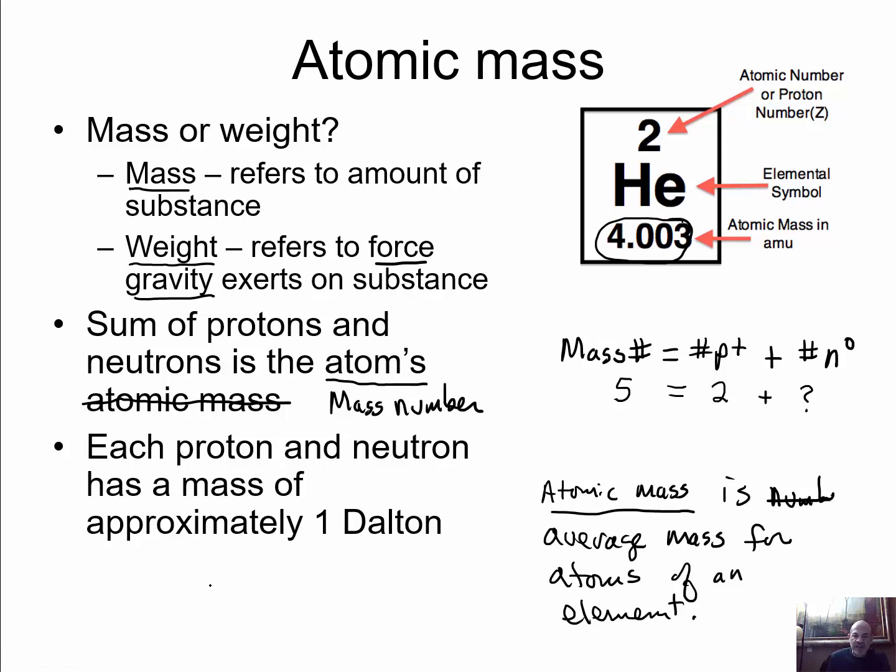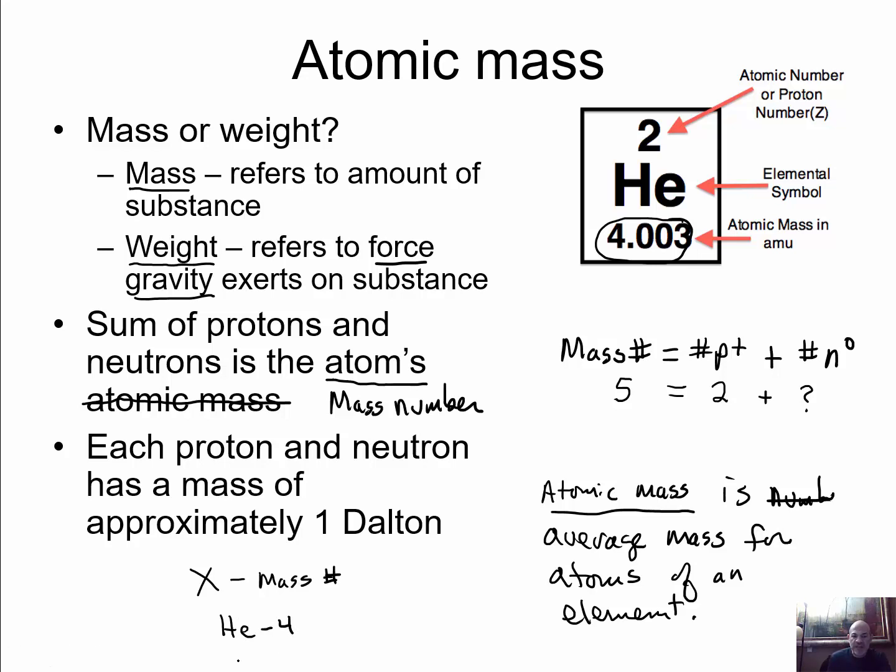And the way we might symbolize mass number is to take the atomic symbol, which is what you see in the periodic table, like helium is He, and you write the mass number. So for the 2 helium atoms I described, helium-4 would be a helium atom that has 2 protons and 2 neutrons.